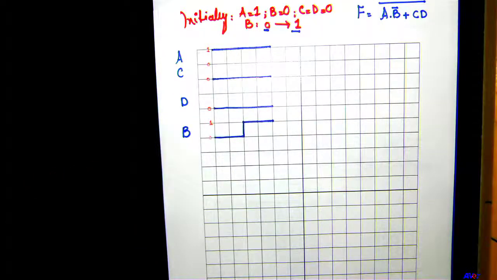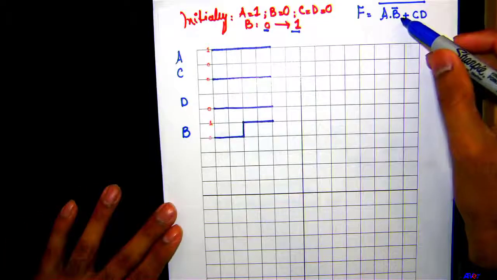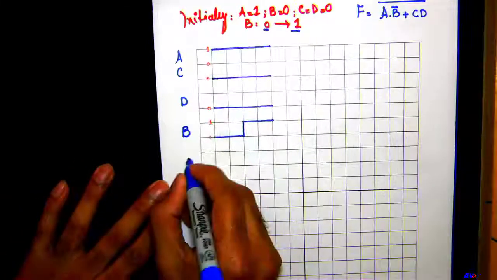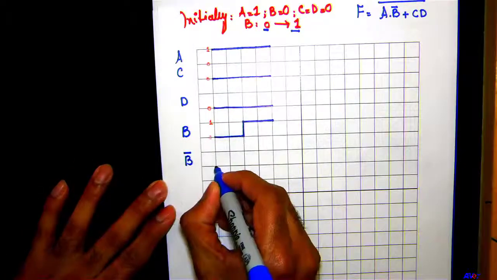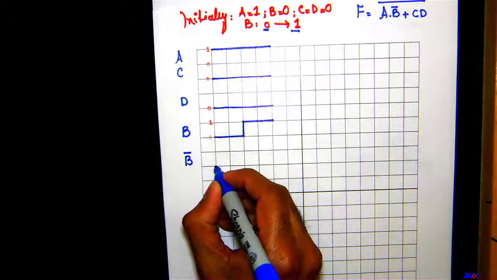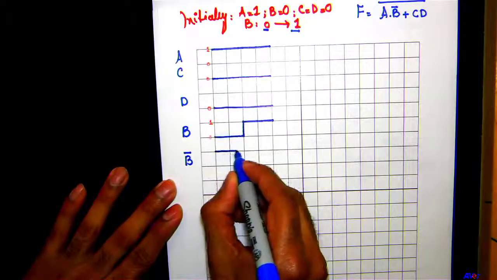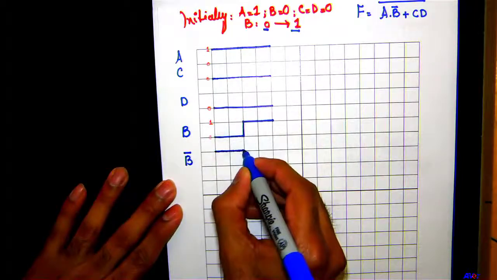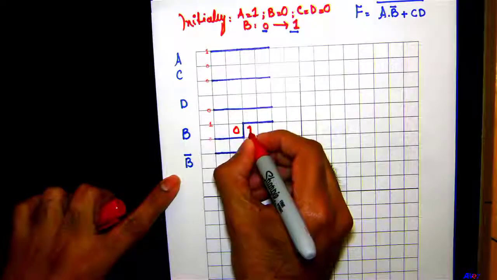I'm going to work through this expression right here on top right, and I'm going to start off with B bar, which is the inverter. What would B bar be at this point right here? It's going to be 1, right? Because B is 0, so it's going to be 1. And it's going to be 1 all the way till this time period right here. Now notice here, logic goes from 0 to 1.